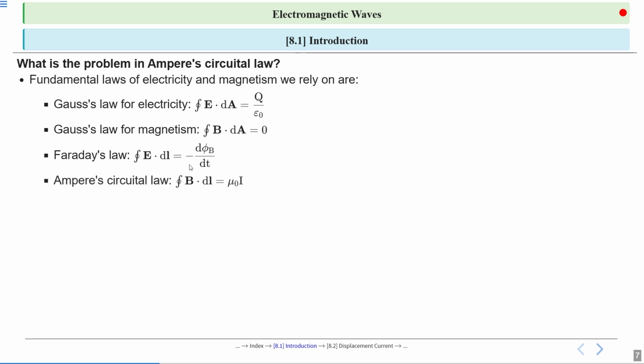This is the third equation. And another is Ampere circuital law: the closed integral over a closed loop of B dot dl is equal to mu naught I. So what was the statement?